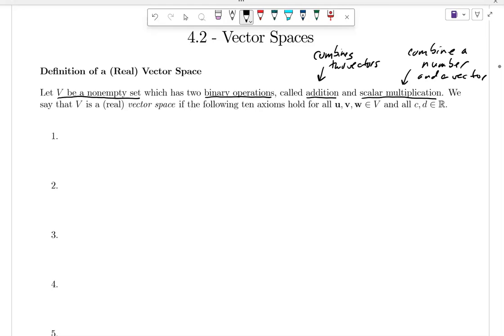Okay. All right. What we refer to as a real vector space, and it doesn't mean real as in it exists. I know it sounds weird. The real part just refers to the fact that our scalars are real numbers.